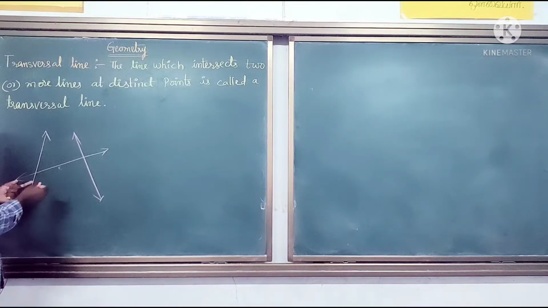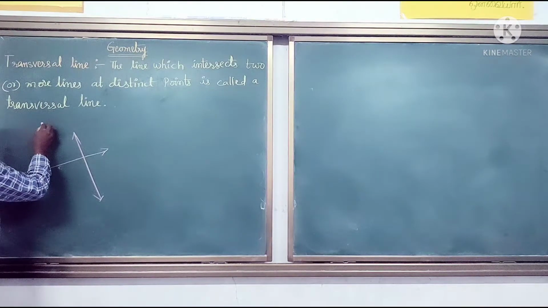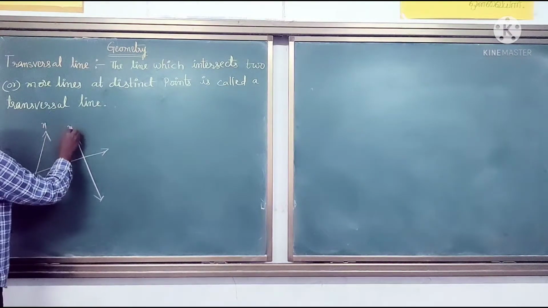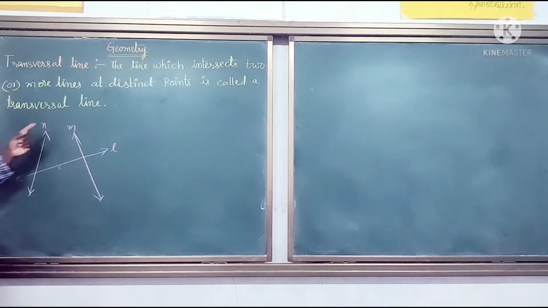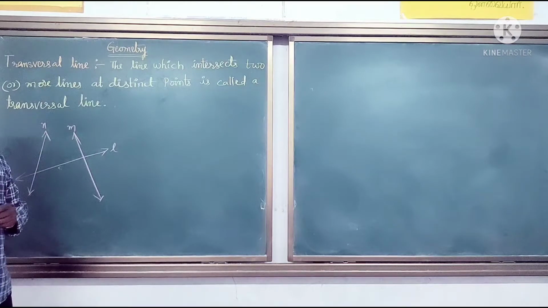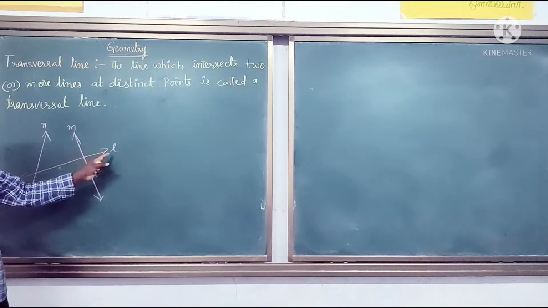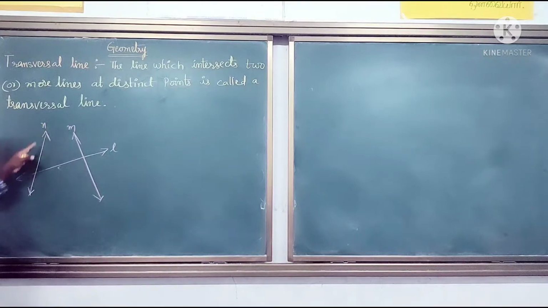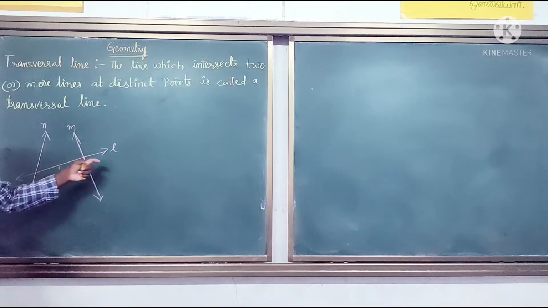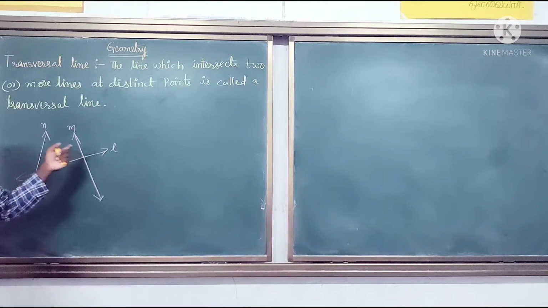Can you identify the transversal line? The line l intersects line m at this point and line n at this point. Are these two different? Yes, different. So l is the transversal line in this figure.